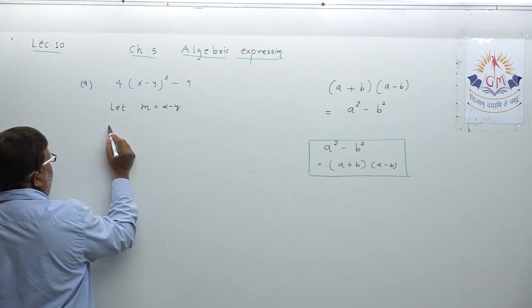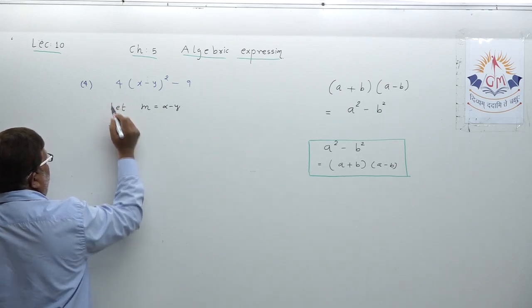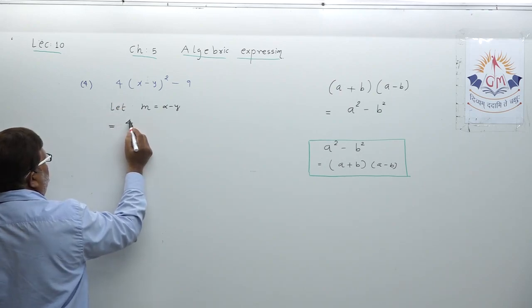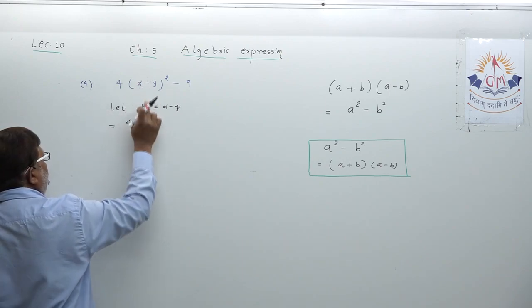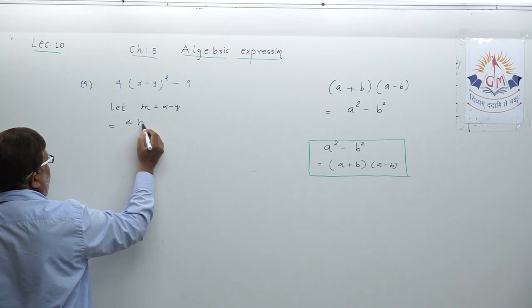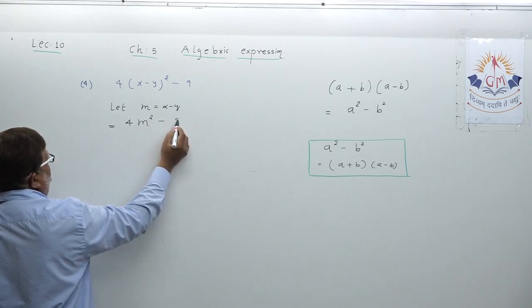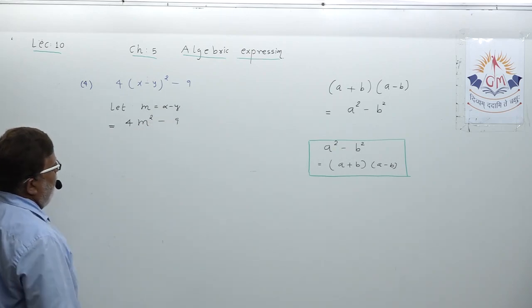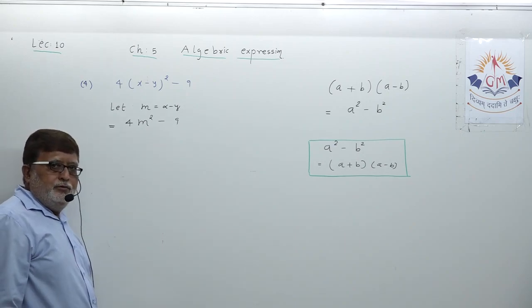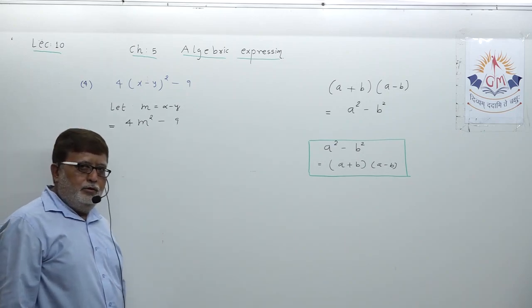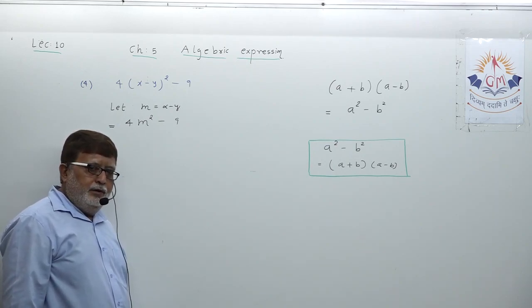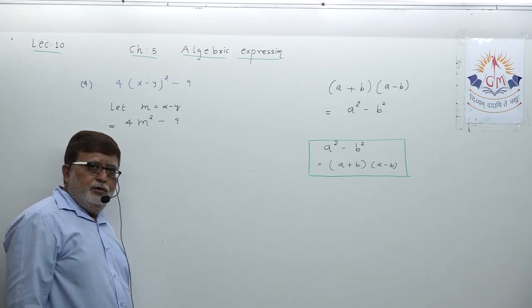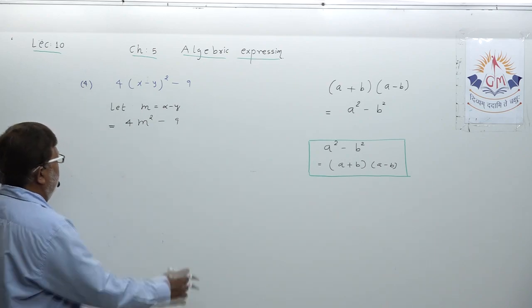Accordingly, let me substitute here, instead of x minus y, you will write m square minus 9. Okay? How many terms? Can you tell me? 2 terms. Between 2 terms, what is the sign? Negative. Are both perfect square? Yes.